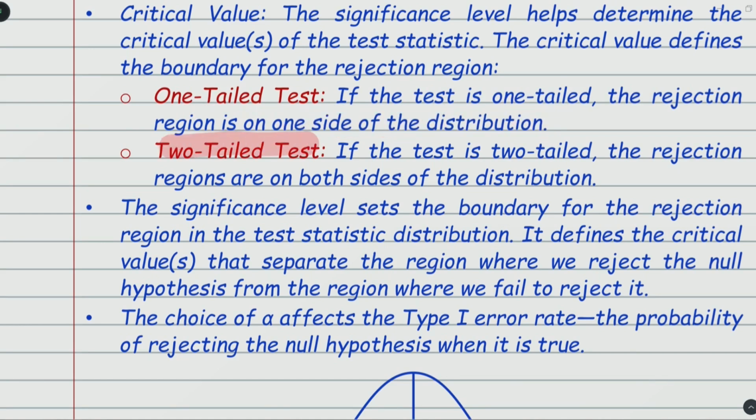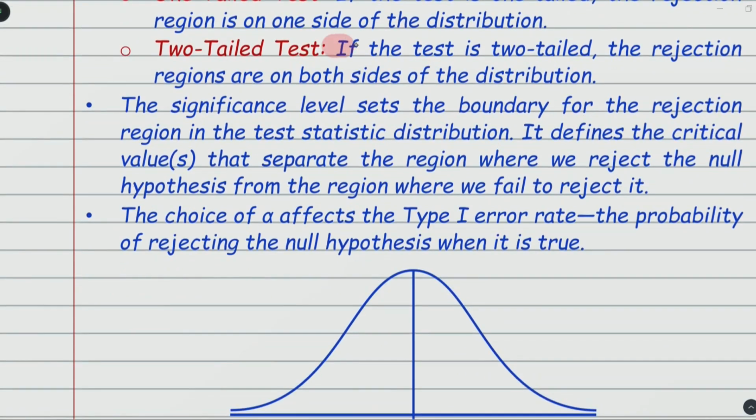But if the test is two-tailed, the rejection regions are on both sides of the distribution. The significance level sets the boundary for the rejection region in the test statistic distribution. It defines the critical value that separates the region where we reject the null hypothesis from the region where we fail to reject it.